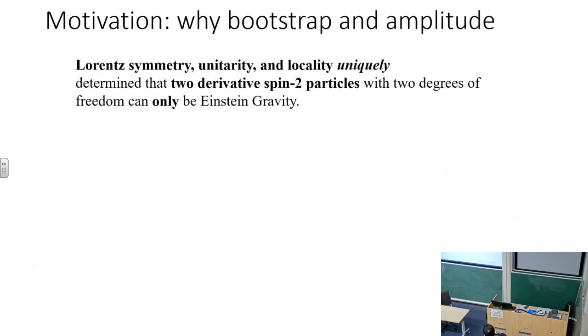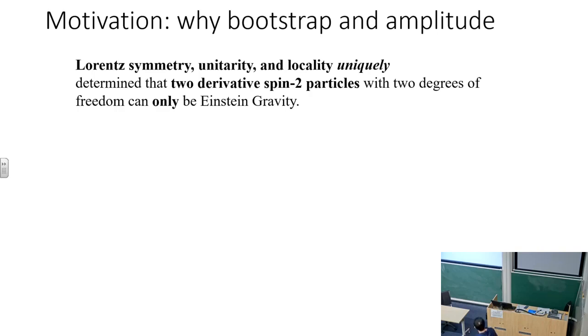And we can go further. This bootstrap story tells us that the only low energy effective theory that satisfies Lorentz symmetry, unitarity, and locality is Einstein gravity for these spin-two particles.